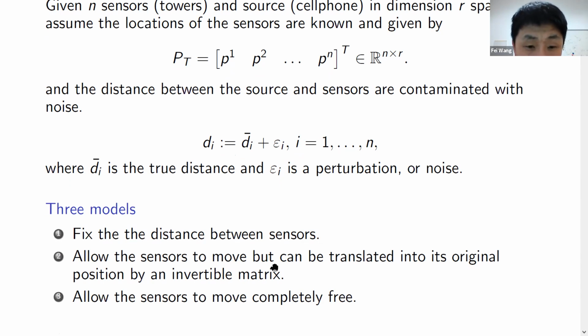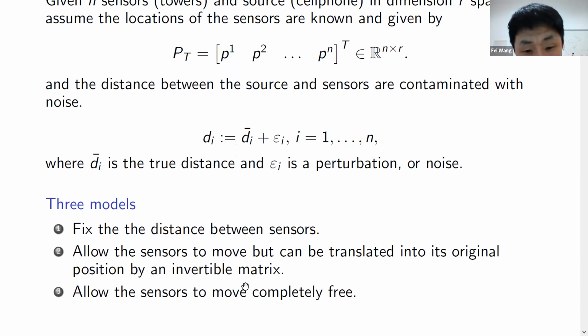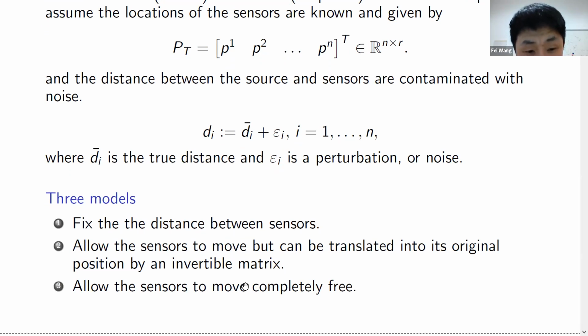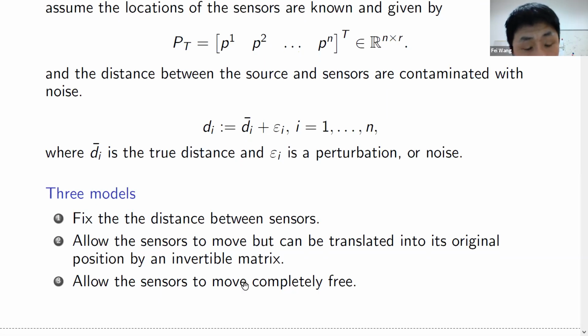The sensors are flexible, but not completely flexible: they can be transformed from their original positions by an invertible matrix. And the third model is where we allow the sensors to move completely freely. Then we will compare these three models and see which one performs the best.